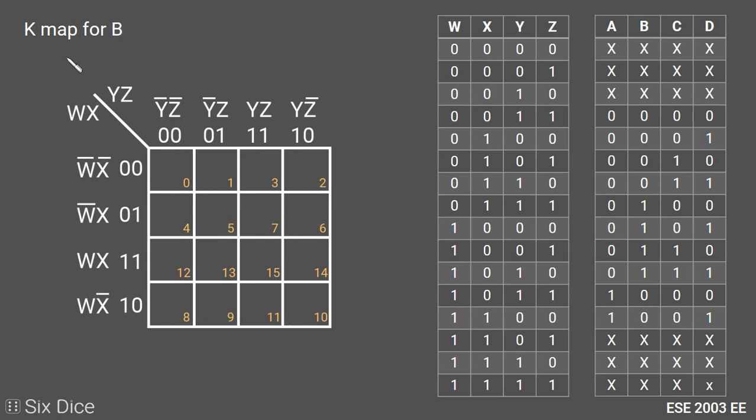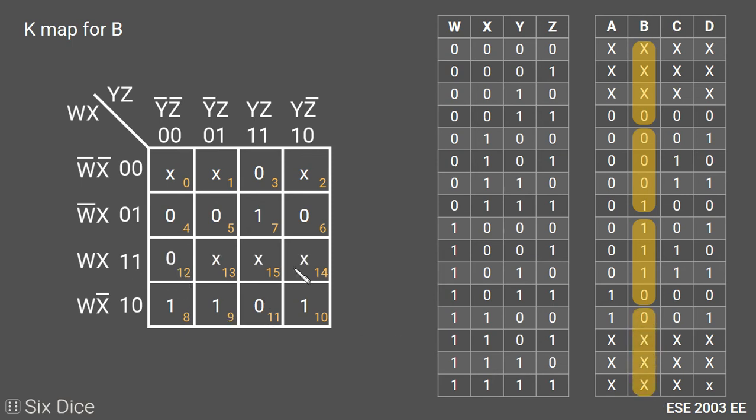Now we will make a K-map for the B variable. The first 4 values are don't care, don't care, don't care and 0. The next 4 values are 0, 0, 0, 1. The next 4 values are 1, 1, 1, 0. The last 4 values are 0, don't care, don't care.